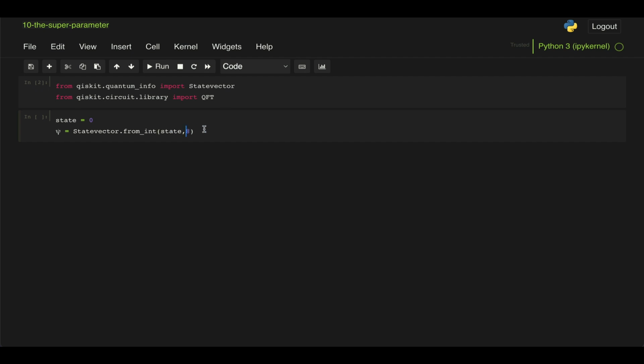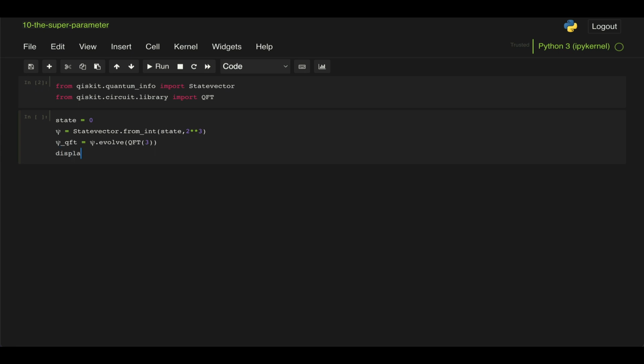So since we have 3 qubits, this will be, let's put it explicitly, 2 to the 3 elements. And then I'm going to compute the QFT for that state just by doing psi evolve and then QFT, which I imported from the circuit library, and I need to pass the number of qubits for that QFT. So in this case, it's only 3 qubits.